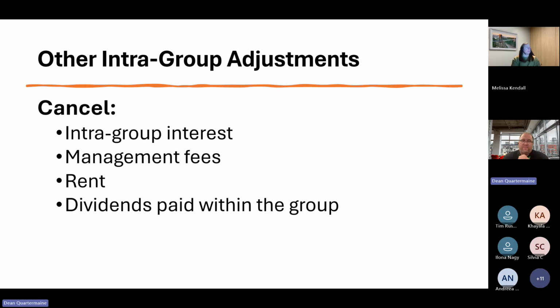So other intragroup adjustments then. Not a great deal of this is tested at AAT, but I think it's a good thing to be aware of. Intragroup interest.